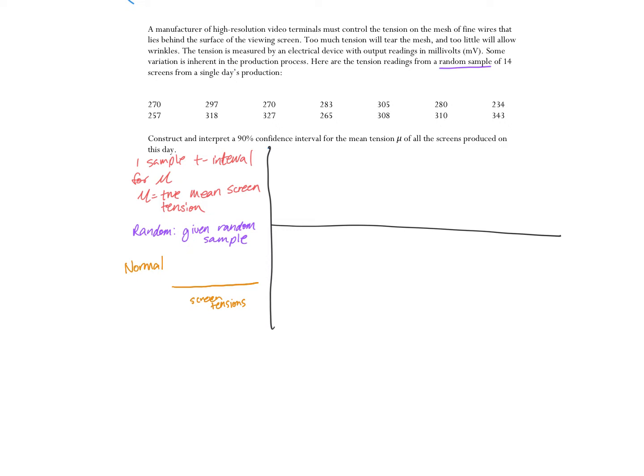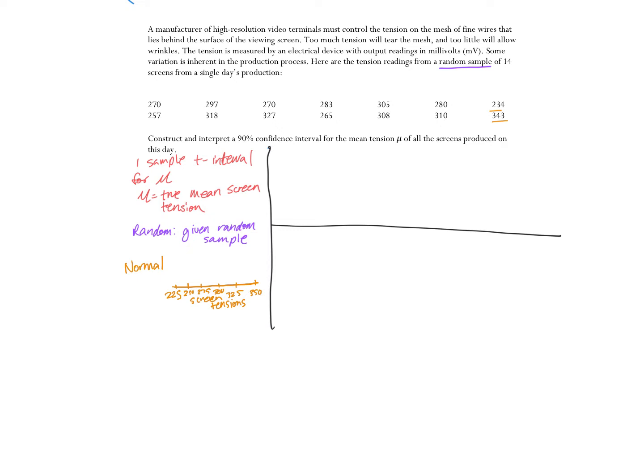And let's see, my lowest one is 234. My highest one is 343. So I'm going to go ahead and have this go from 225 to 350. 250, 275, 300, 325.